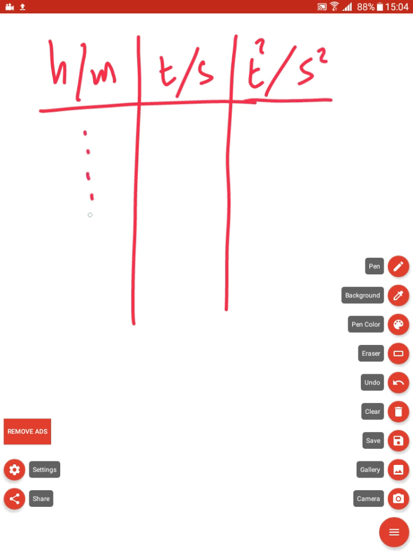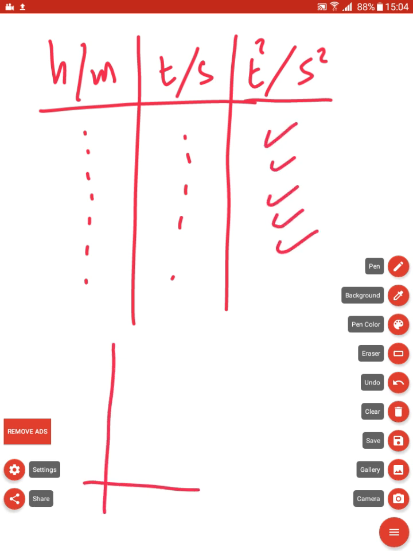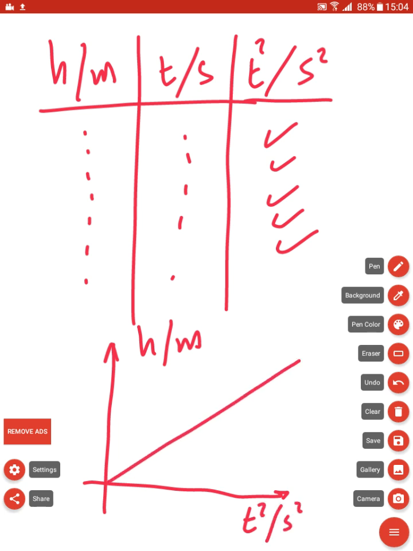You can take many values of height, time and t squared as well. If you draw the relation between height in meters on the y-axis against time squared in seconds squared, you will have a straight line passing through the origin.